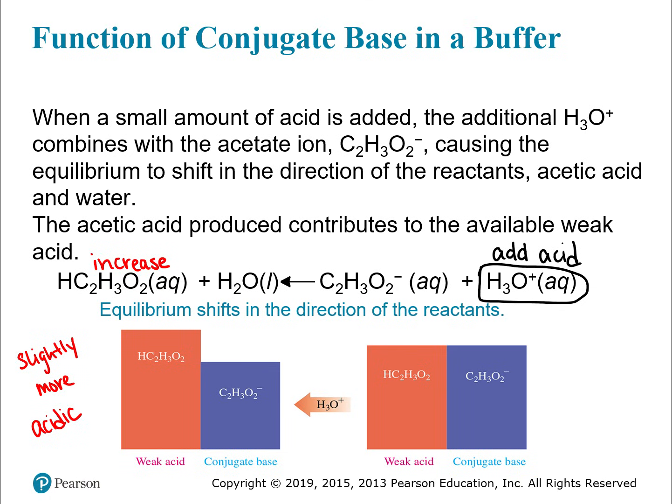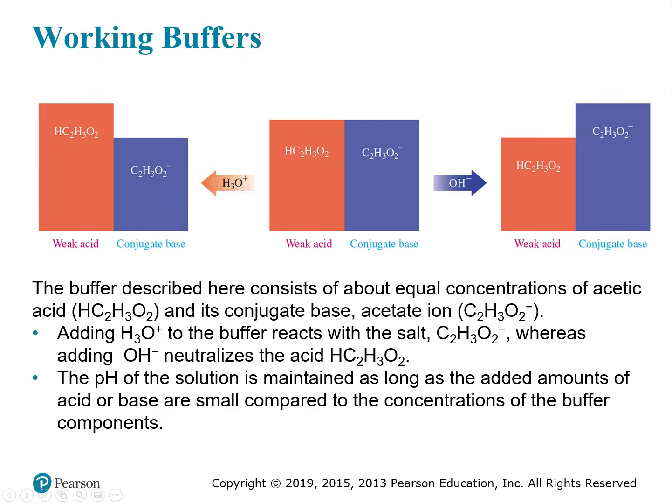Not a big change at all. So this picture up here just kind of demonstrates what happens when you add acid or base. It puts the images together that we were just working with.